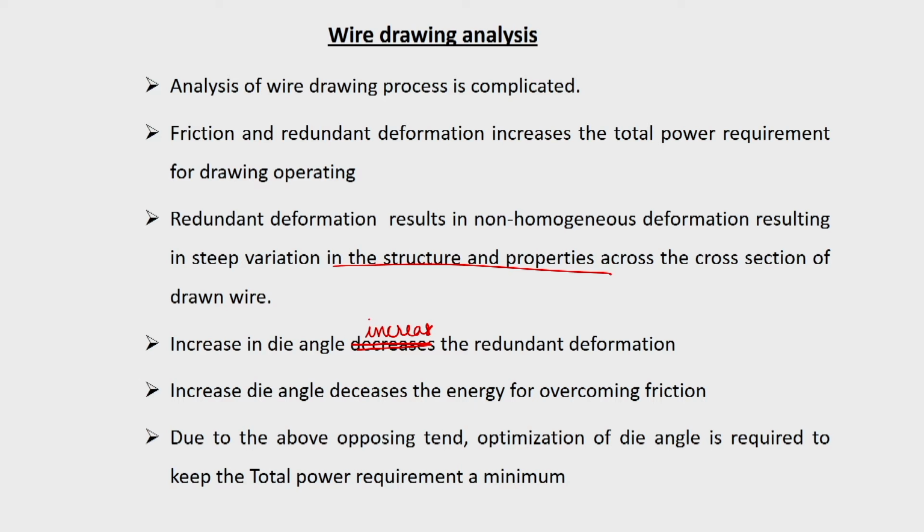In that case you need to arrive at an optimum die angle, and this has been shown in the previous lecture also, how it affects the total power requirement. So, you need to have an optimum die angle for a particular reduction depending upon the deformation, so that the total power requirement is kept to a minimum.